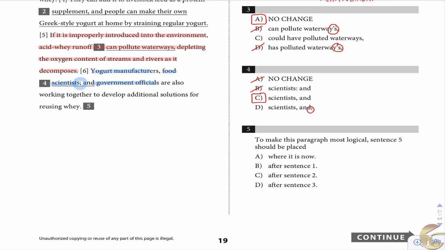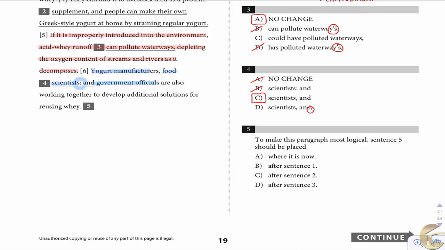So when you read number 5, it says, if it is improperly introduced into the environment, acid whey runoff can pollute waterways, depleting the oxygen content of streams and rivers as it decomposes. Again, that is the sentence.